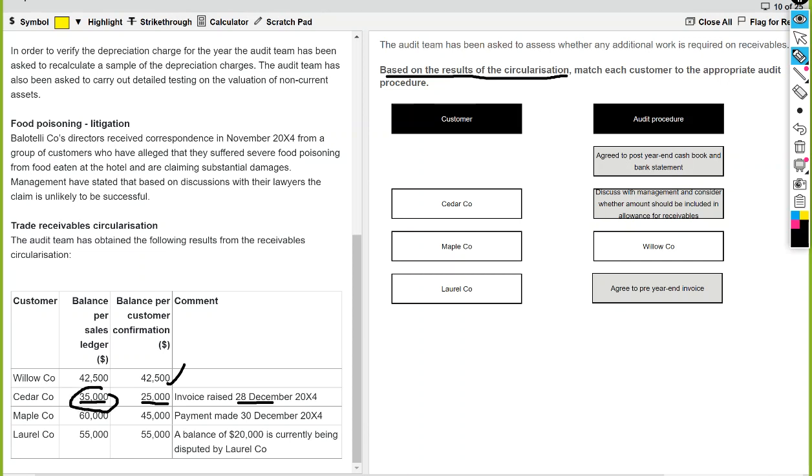Is it my mistake or their mistake? Their mistake, isn't it? I already issued them the invoice before year end. The third party didn't record. They should record, but they didn't. So that's why they got a lesser balance. We are correct. 35,000 is correct. So you check the pre-year end invoice. This will be more appropriate. Second customer, pre-year end invoice.